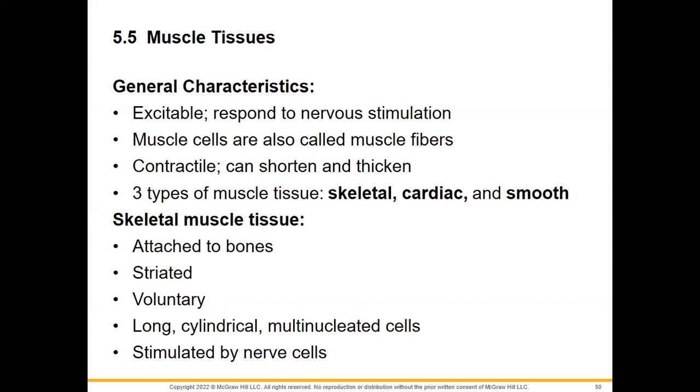These cells are going to be long, they're going to be cylindrical, so they look like little tubes, and they're going to be multinucleated, meaning each muscle fiber is going to have many different nuclei. Muscle cells are stimulated by nerve cells. The nerve impulses are what signal it to contract.